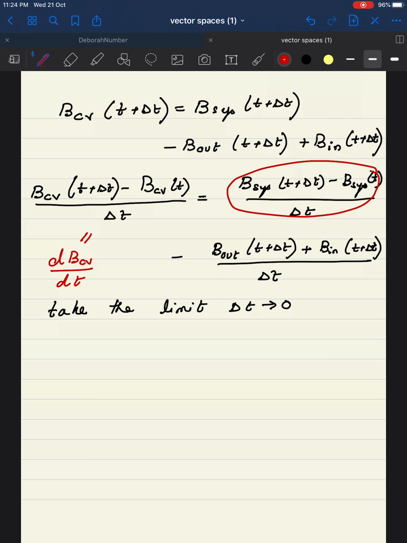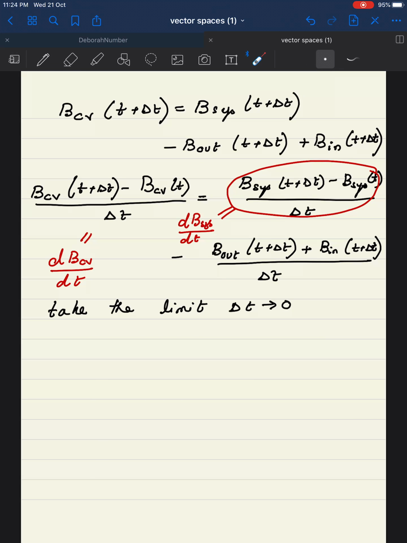Similarly, this quantity, if I take the limit, will become my dB system by dt. But these things have not been resolved yet because this is some other quantity.